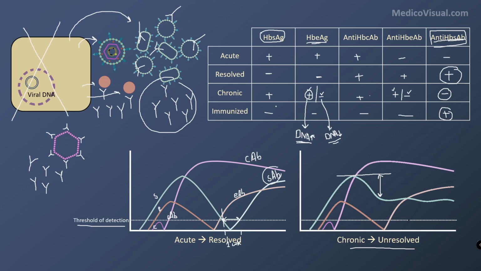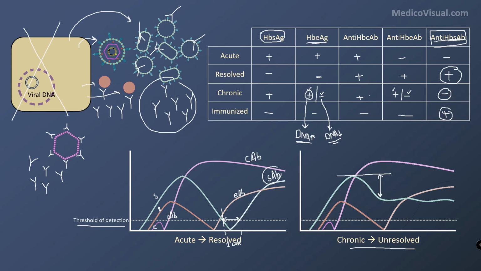Without proper history, you may think that maybe this person is infected with hepatitis B. But actually, this surface antigen is due to the vaccine. The vaccine is also surface antigen. So it may be positive initially and this may be negative. But after some time, the body will clear this and generate an antibody response.